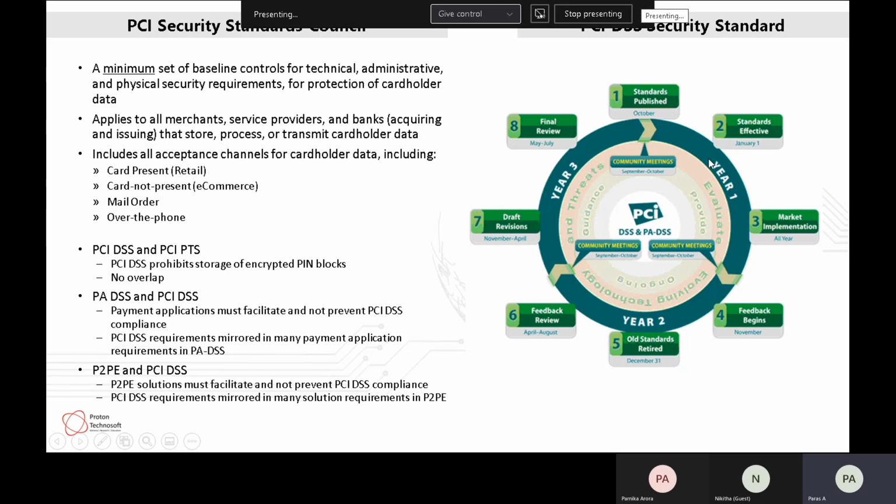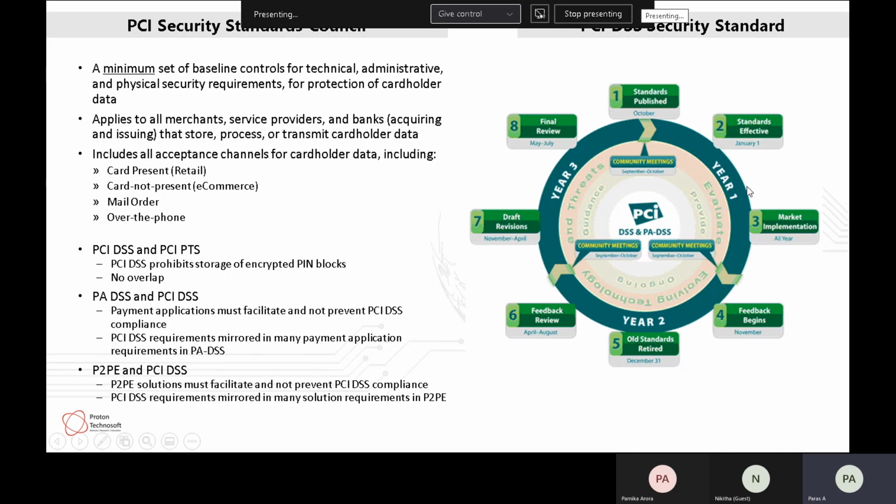In the next 3 months, that draft or that standard becomes active. When I say active, that's where the organizations are expected to start implementing those security standards from January 1 of year 1.